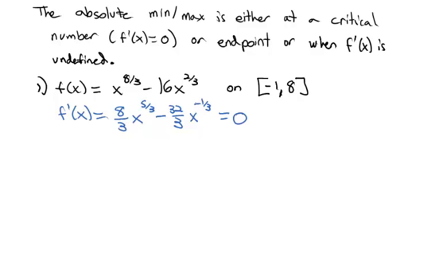So let's solve this. One thing I notice is everybody's got a third. Also, everybody's divisible by 8. So I'm going to factor out the greatest common factor of 8/3. That leaves behind x to the 5/3 minus 32 divided by 8, which is 4, and I'm going to move the x to the 1/3 to the denominator.